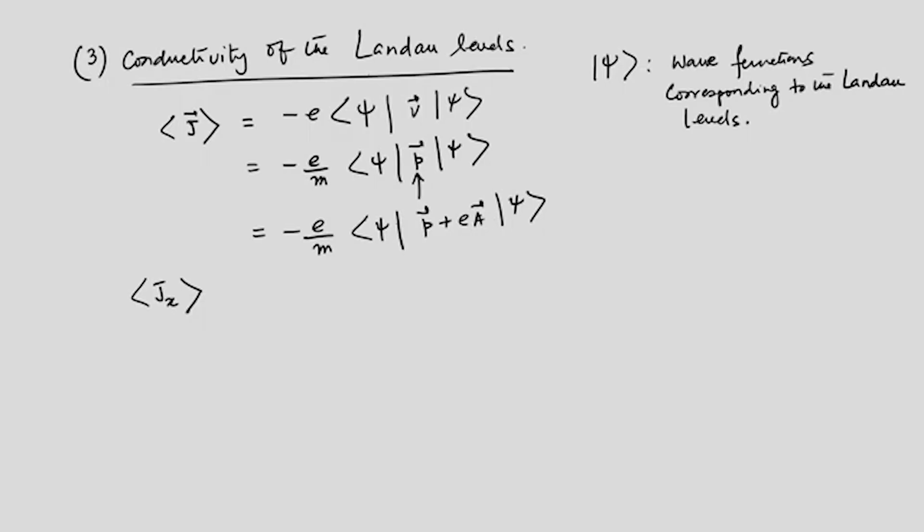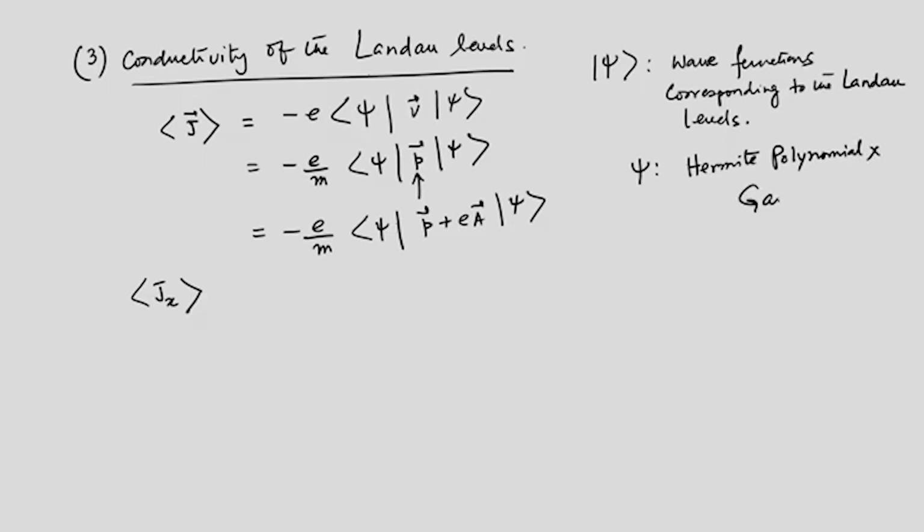So the gauge is chosen such that it's in the x direction, and these psi's, if you remember, comprise the Hermite polynomials multiplied by the Gaussians.